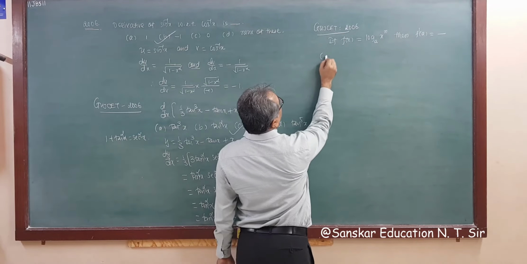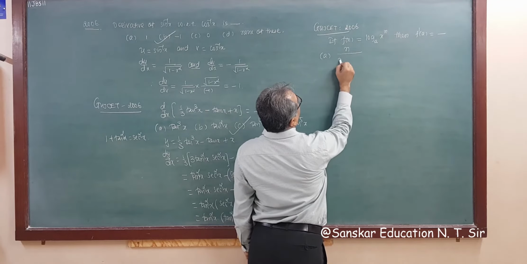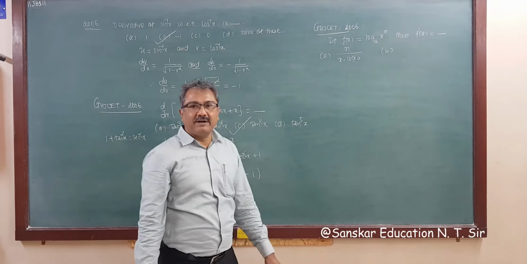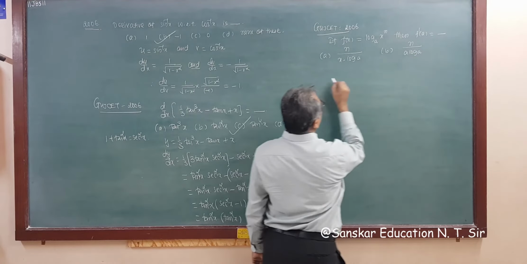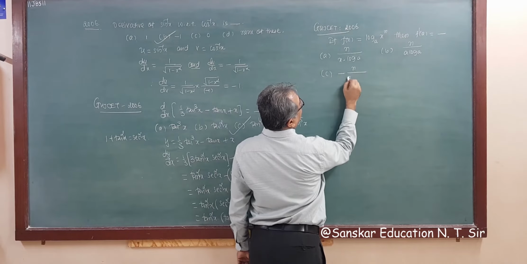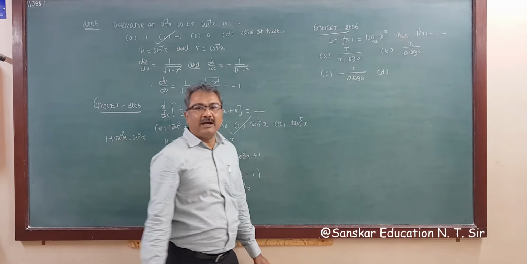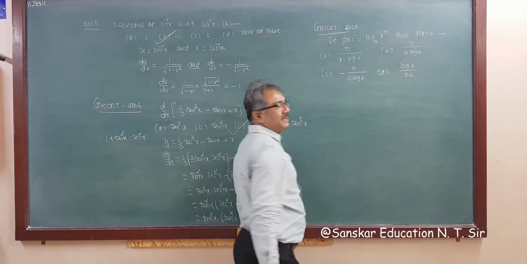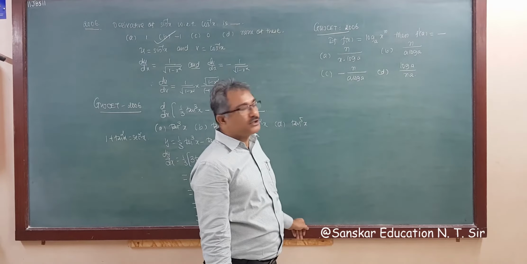The options are given. Option A is n upon x into log a. Option B is n upon a into log a. Option C is minus n upon a log a, and option D is log a upon na. These are the given options, right? So this is from Gujarat 2006.